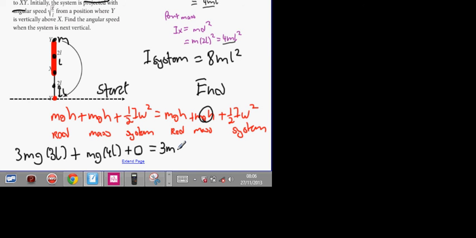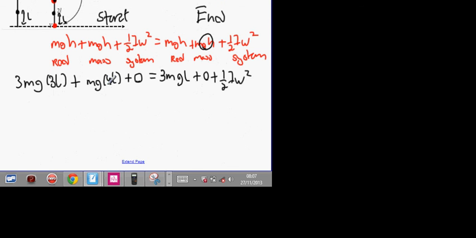So this is going to be 3mgl, because the center of gravity of a rod is halfway up its length. That's why it's length L above the ground. So 3mgl plus 0, plus a half I omega squared. 7 mgl on the left, or sorry, not 7 mgl, 16 mgl on the left, 3 mgl on the right.